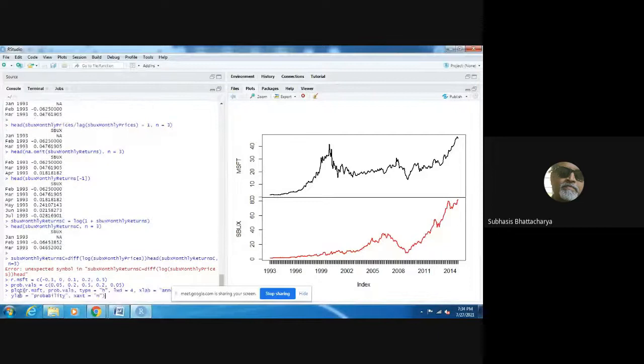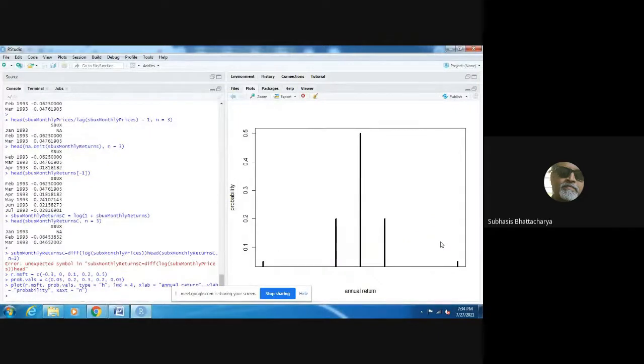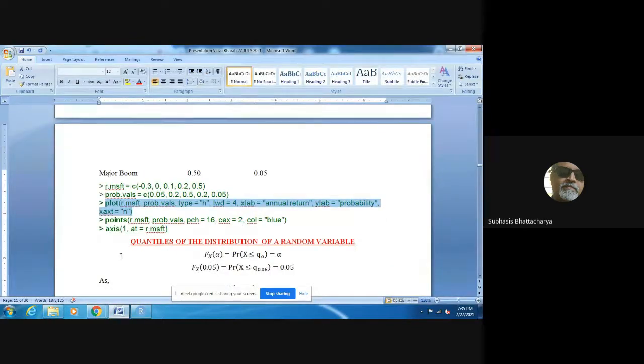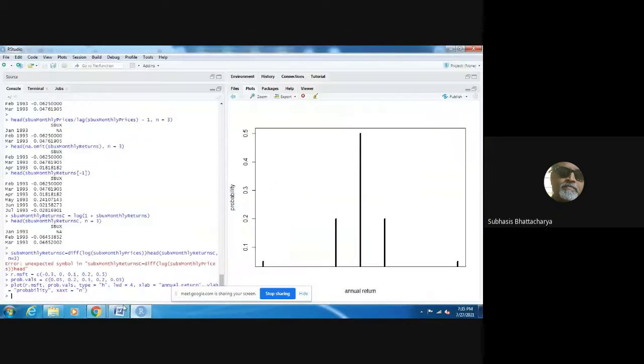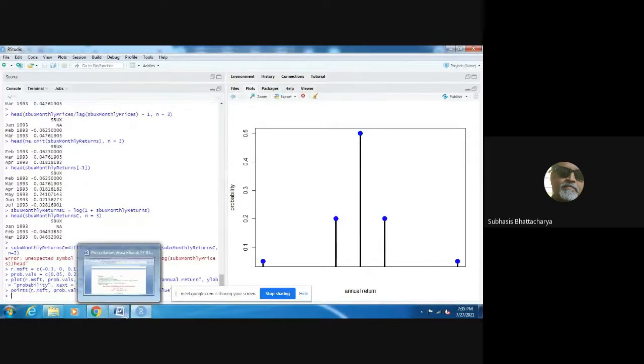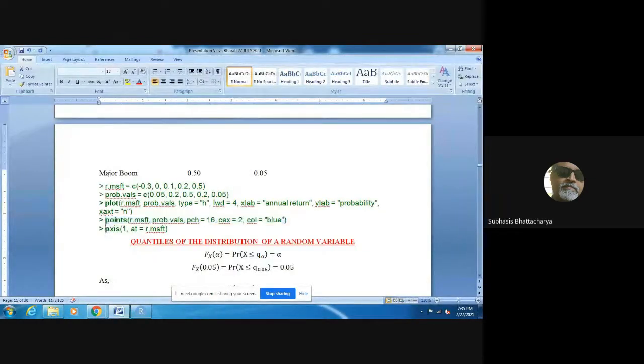Mind, this is a discrete example, so obviously it will come in the form of a discrete diagram, and make some beautification of the diagram. I make some blue dot, and then I create the axis.